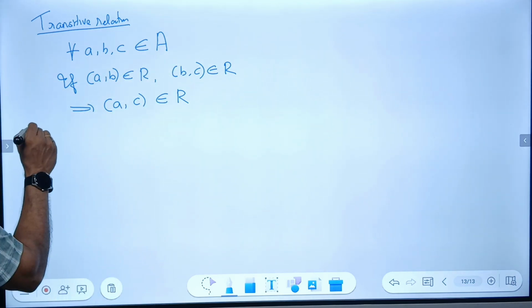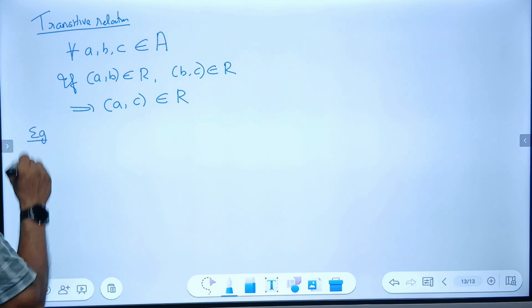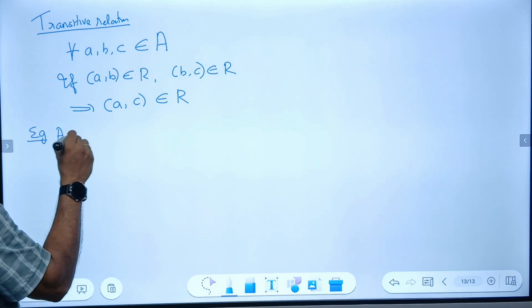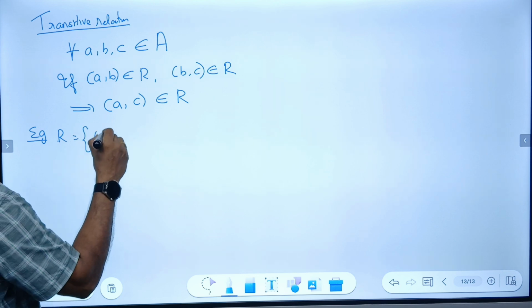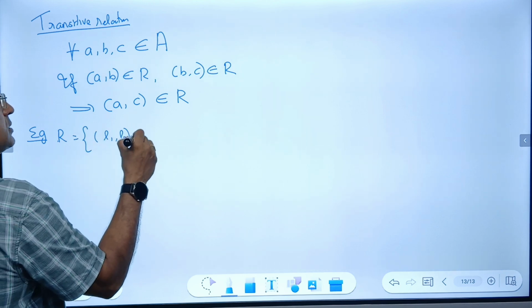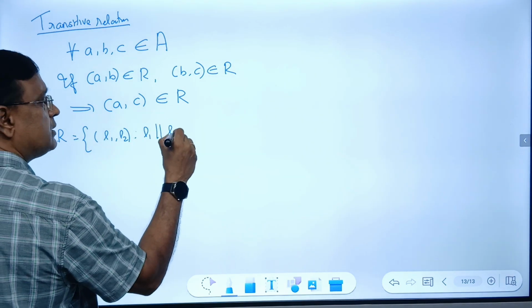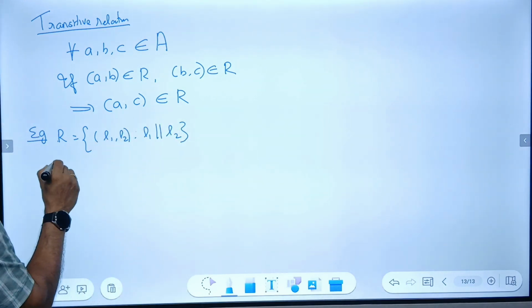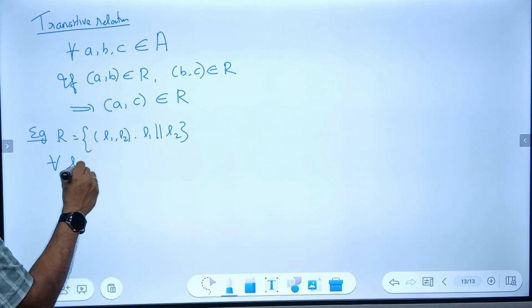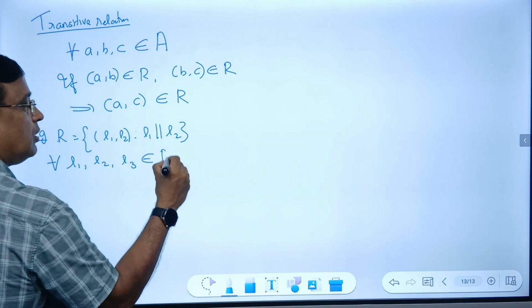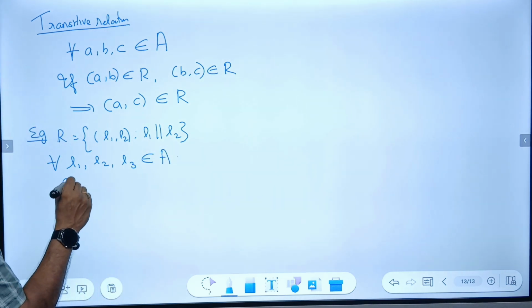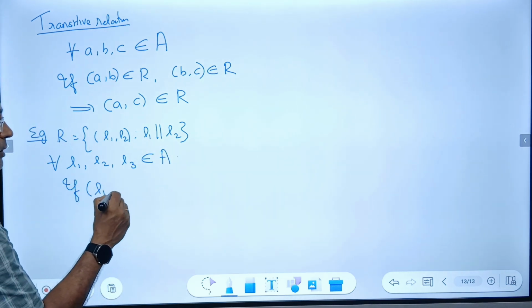Now let's go to that example which we have. Take set of all straight lines, okay, and I will take the relation as (L1, L2) such that L1 is parallel to L2. I'll take the same example to make you understand things. So how many lines should I choose? I should choose 3 lines. Where do they belong to? They belong to the set A. So that is the first condition. What is that?